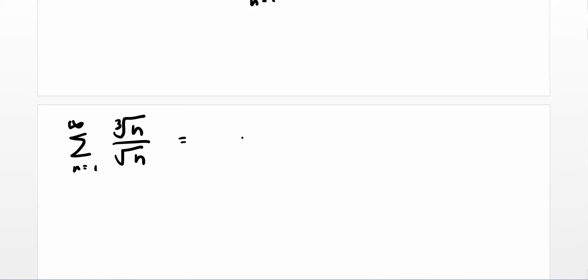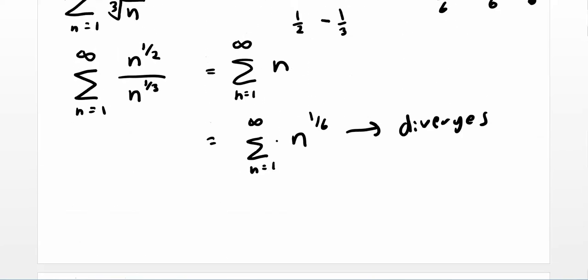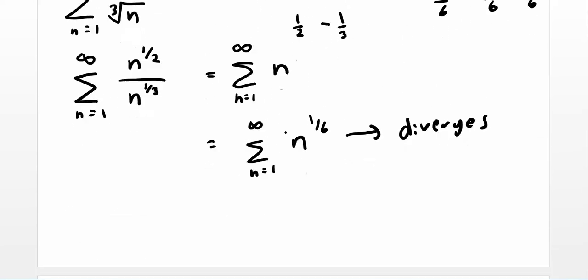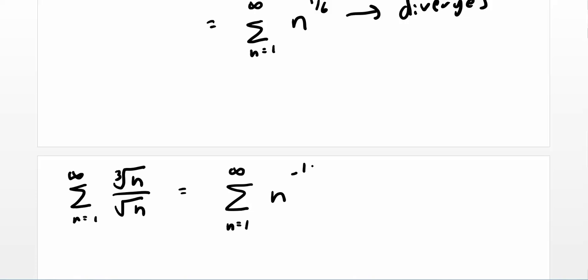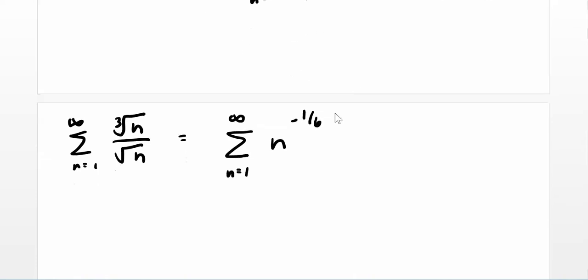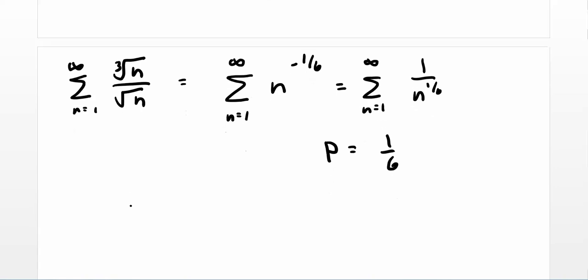And this is going to be equal to n to the, this is backwards, so it'll be 1/3 minus 1/2, which is negative 1/6. We'll rewrite this in the p form. 1 over n to the 1/6. You see our p value is 1/6, which is not greater than 1. Therefore, diverge.